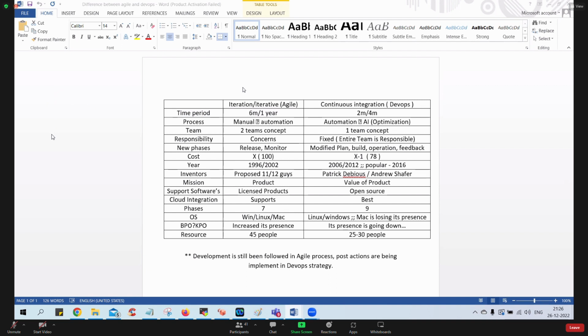So when it comes to DevOps, they finish up the projects in 2 months to 4 months, guys. So that is what happens.